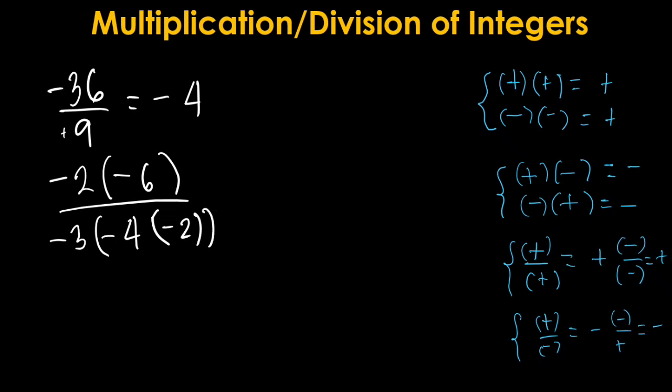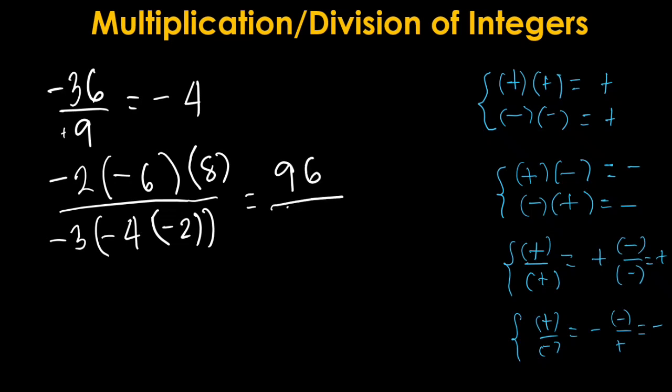Okay, how much do we get here? Now we can add more here, like 8. First thing you do is multiply the sign, negative times negative, that is positive. And then 2 times 6 is 12, 12 times 8 is 96.